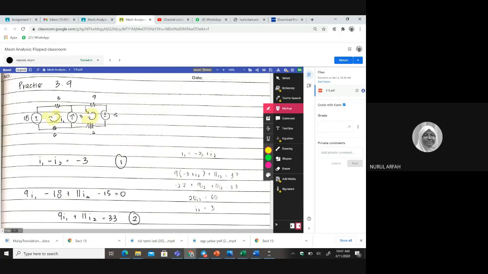Okay, very good. Usually if the question asks you to use mesh analysis, I will check, do you have nodal analysis there? Usually nodal is when you have a reference point at the ground, right?